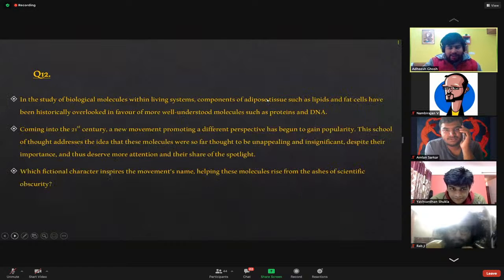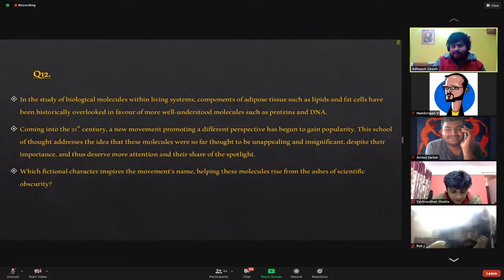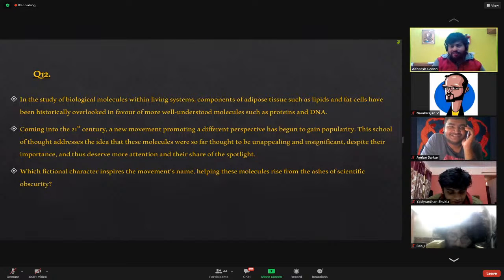Question number 12. This is a question I started reading off much earlier. Basically it's talking about molecules which were earlier thought to be insignificant and unappealing. Now they're being given more attention, because even though they were thought of as useless or not very pleasing to look at, now they're being used. They're being given their share of the spotlight, and they're actually quite important.